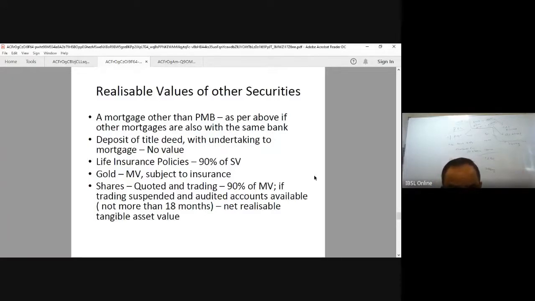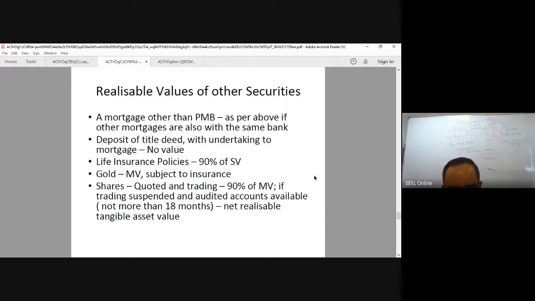If there is no trading, right, there are many companies which, due to various reasons, primarily for not submitting the accounts on time, their trading is suspended, right? The Colombo Stock Exchange and the Securities and Exchange Commission suspend the trading of that particular security.